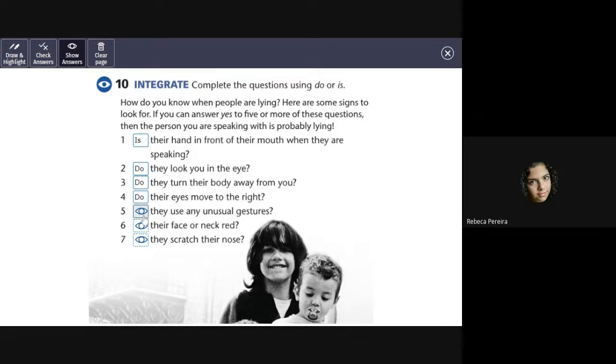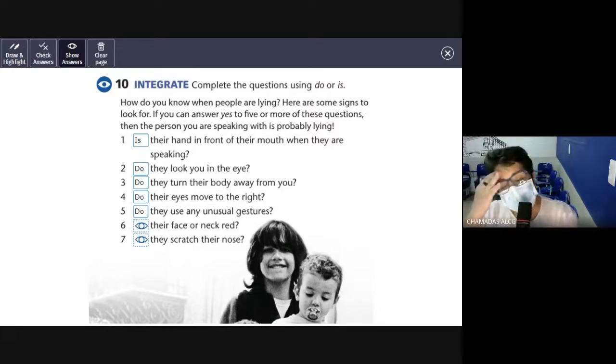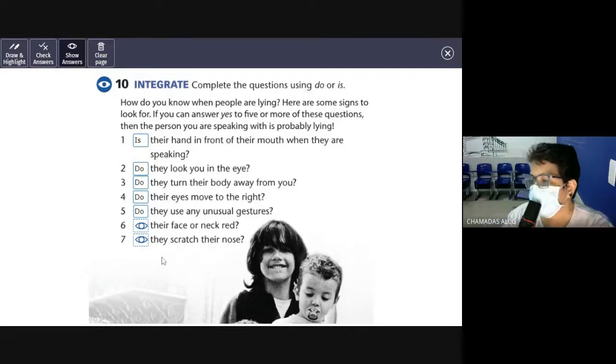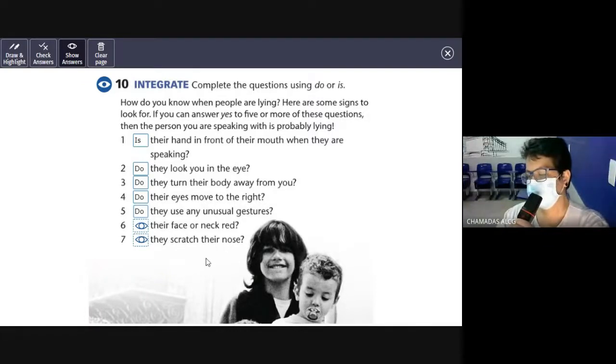Do. Yes. Do they use any unusual gestures, like touch the nose, touch the eye, or the forehead? Number 6. Is. Is their face or neck red?